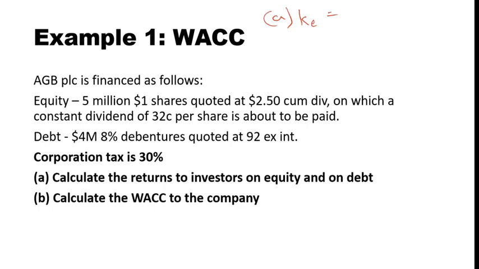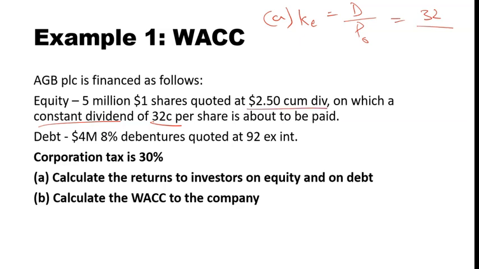So the formula is KE equal to D over P0, because it is a constant dividend. A constant dividend that is not growing, just fixed. The dividend is not going to change. It will remain at 32. But for P0, we are given the cum div price, that is before the dividend.